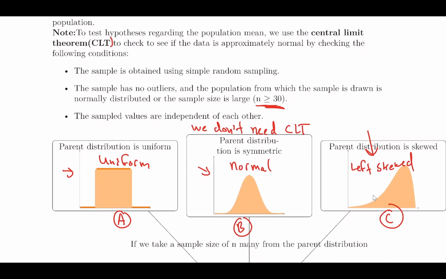But which of my distributions are not normal? Okay, so we have C, and we have A and C, good. So for A and C, we do need the central limit theorem. And I want to write that twice.